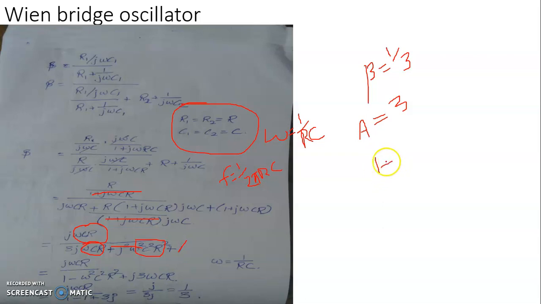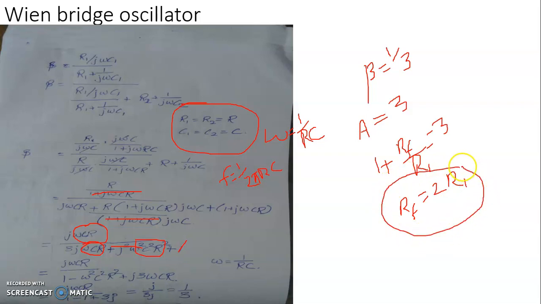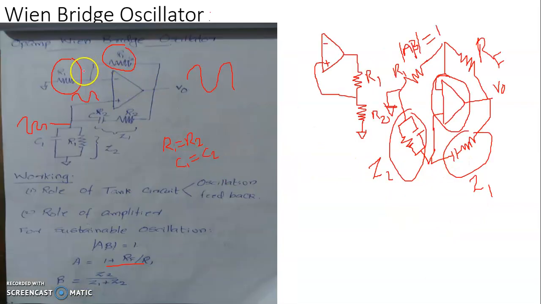But A is given by 1 plus Rf divided by R1. That's equal to 3, means Rf by R1 equal to 2, or Rf must be equal to double of R1. This is the criteria that a Wien bridge oscillator will produce sustainable oscillation. So we require Rf to be double of R1.